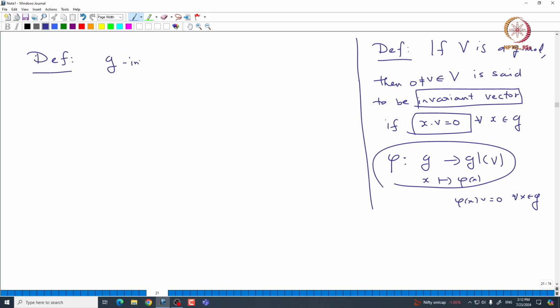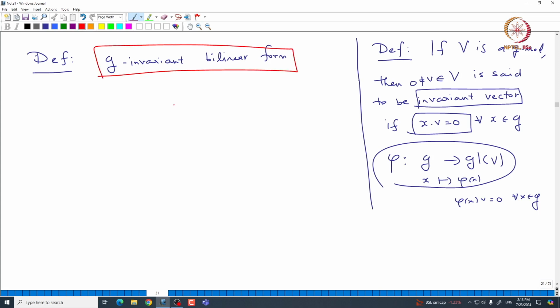A G invariant bilinear form, which is a very important notion, is just a bilinear form which is an invariant vector of this natural module BIL of V. So, a form B from V cross V to C is said to be G invariant if it is indeed an invariant vector for the representation BIL of V.